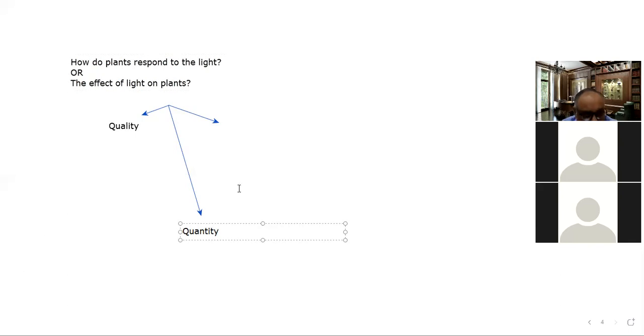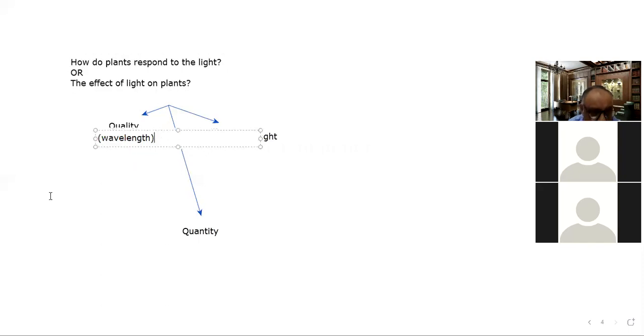And the third point is the duration of light that is coming. These are the three important points. As far as the quality of light is concerned, it is determined by the wavelength.